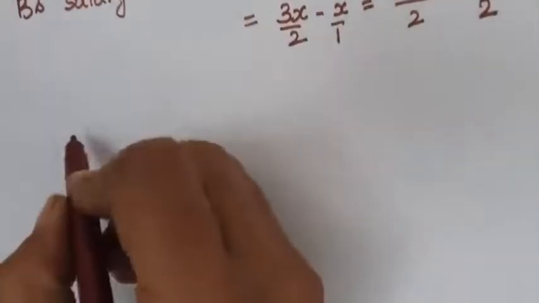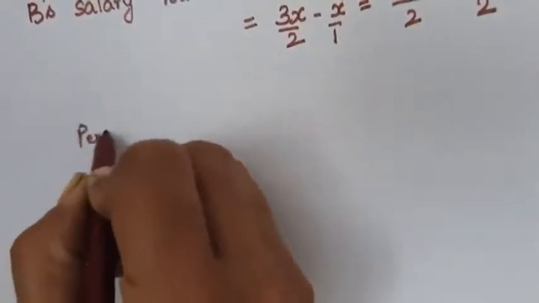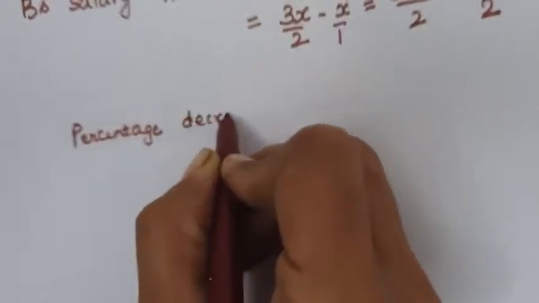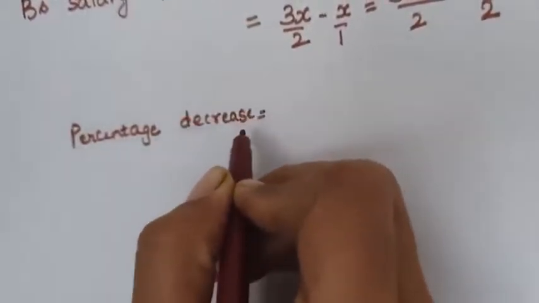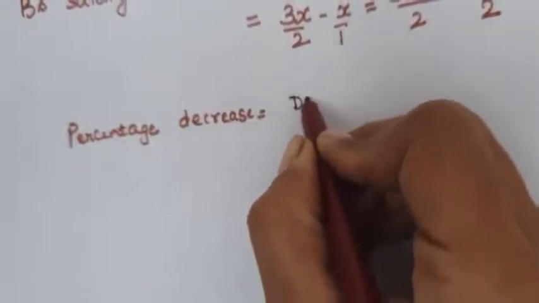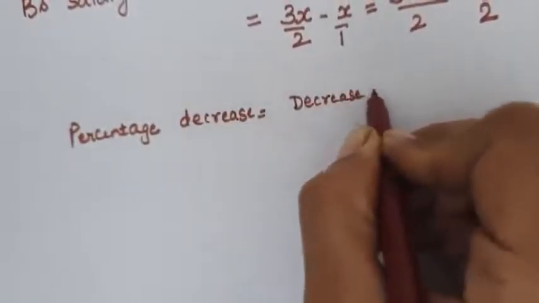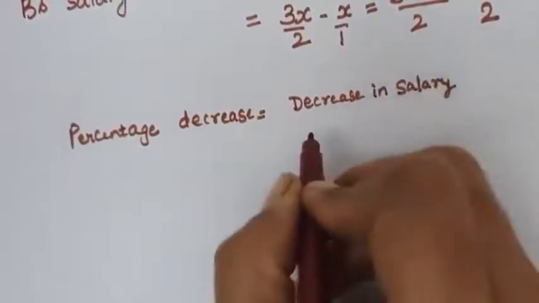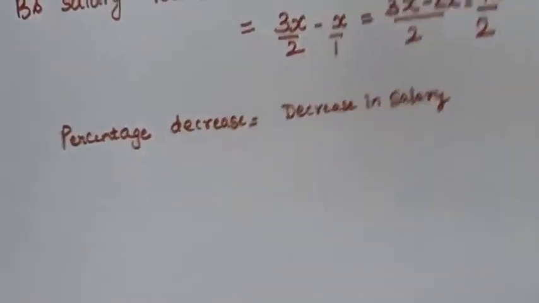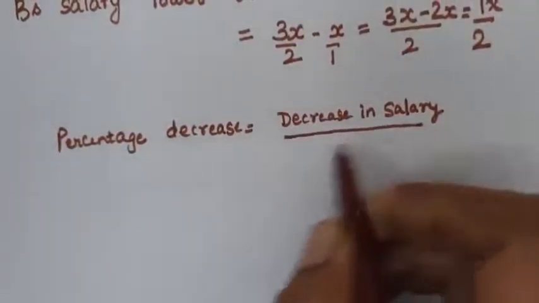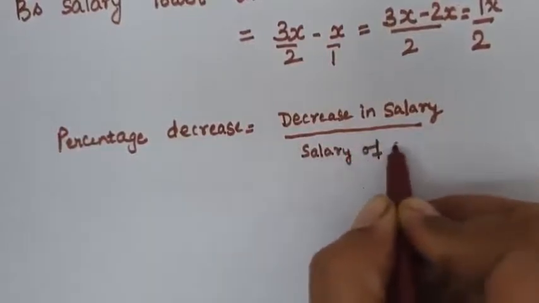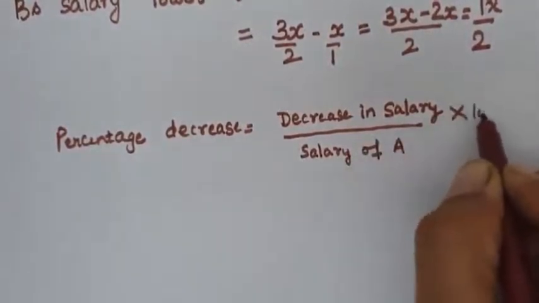So now we will apply the formula of percentage decrease, which we have already done. Decrease in salary, according to the question, I am just making the formula: decrease in salary upon salary of A into 100.